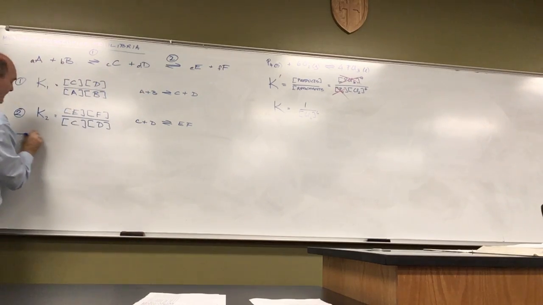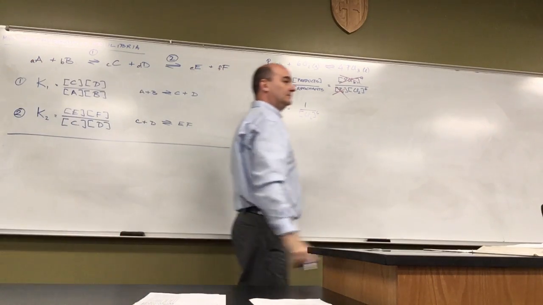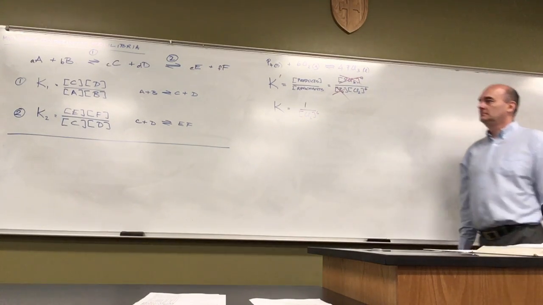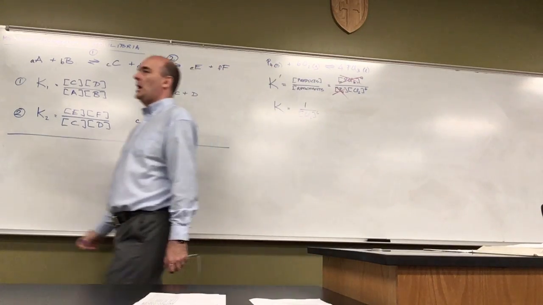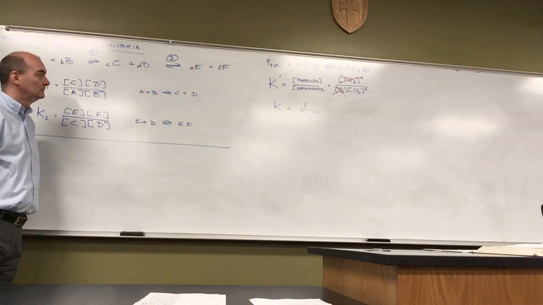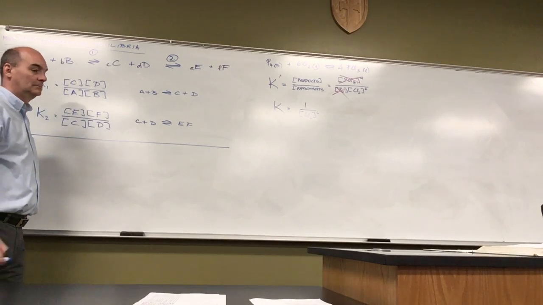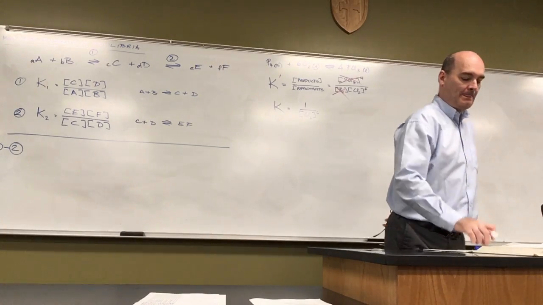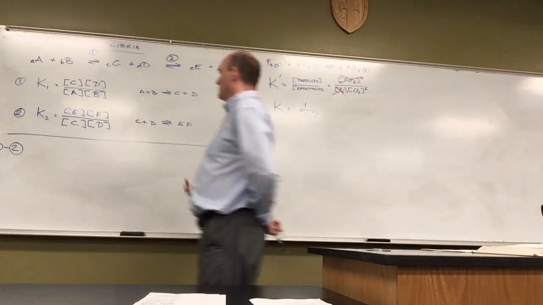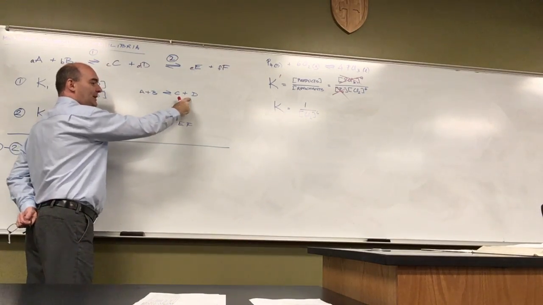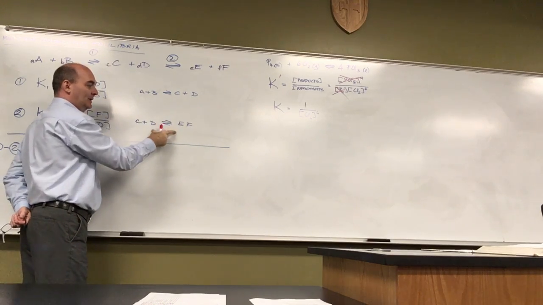Now, if I take line 1, let me subtract line 2 from it. Line 1. A and B are reactants, C and D are products. And here's line 2.